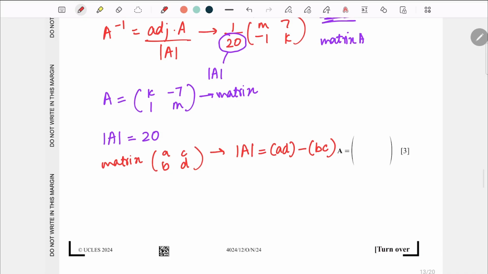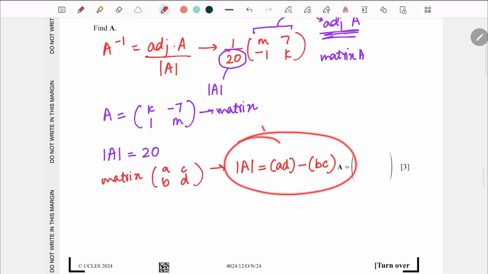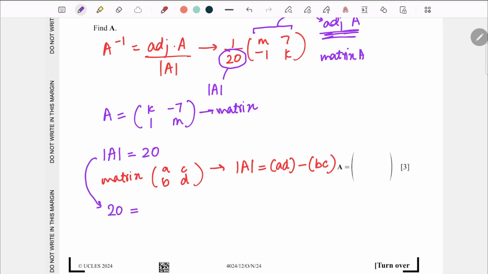So when I apply this formula to matrix A, the determinant 20 is equal to k into m, that is km, minus 7 multiplied by 1. So minus 7 into 1.